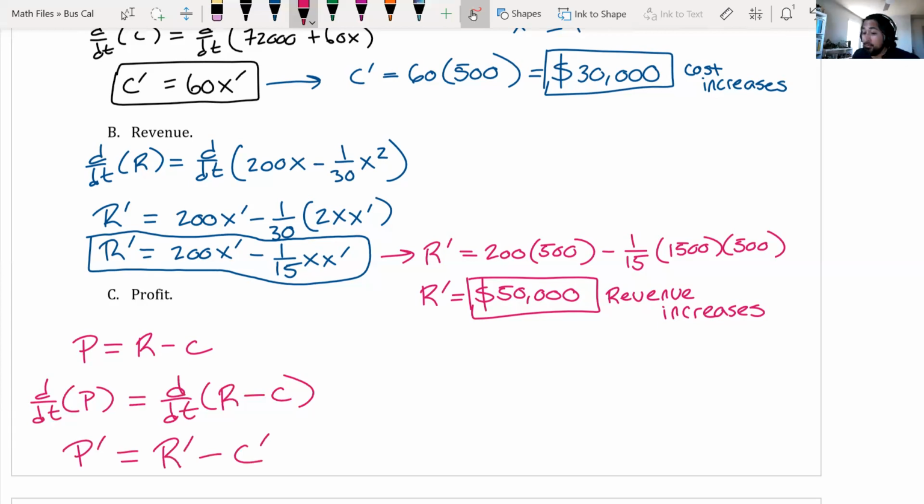Well, this one's great because when you evaluate it, all we have to do is take the value we found in R prime and subtract from it the value we found in C prime.